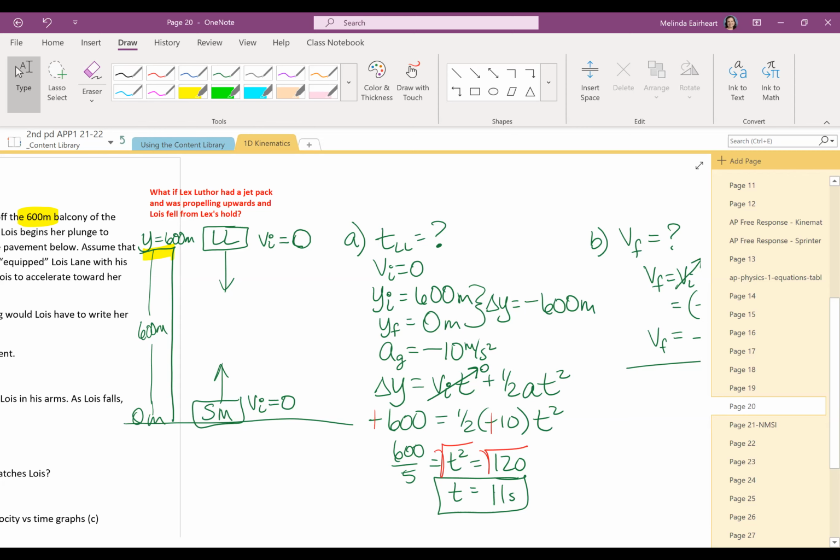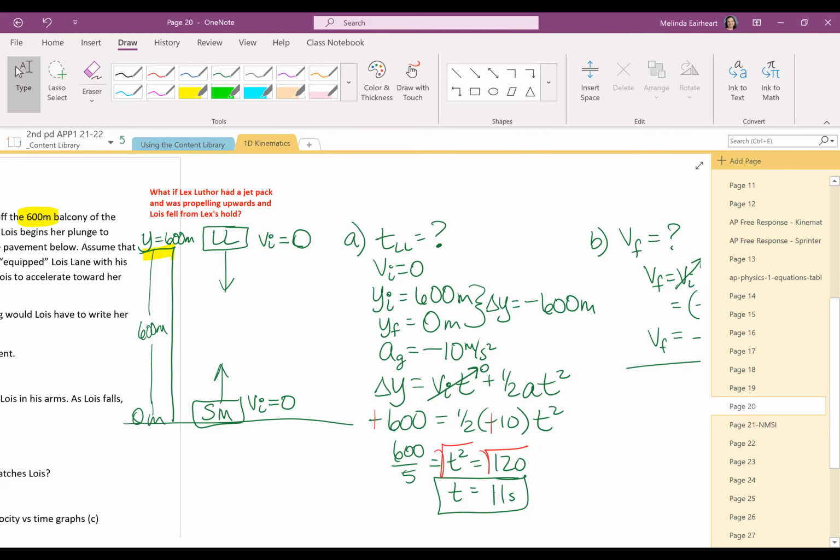Small group. Like this dropper from 600 meters still is not high, with jetpack or just take off. It doesn't say. This was a last minute add-on. I'm sorry if I didn't add every single detail. Still neglect air resistance. We're not changing all that. Gravity same.